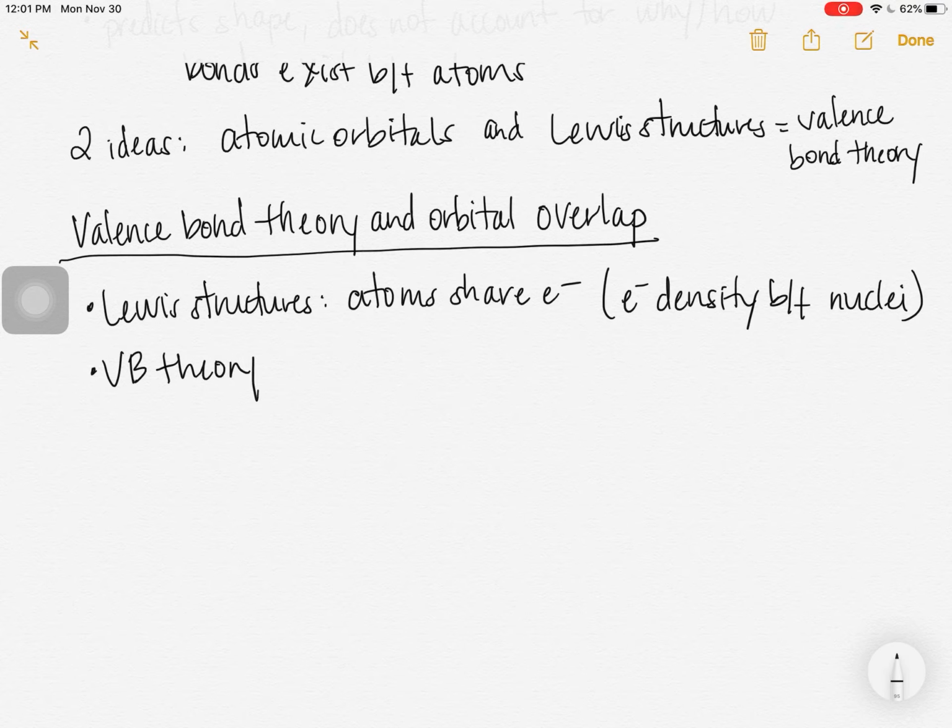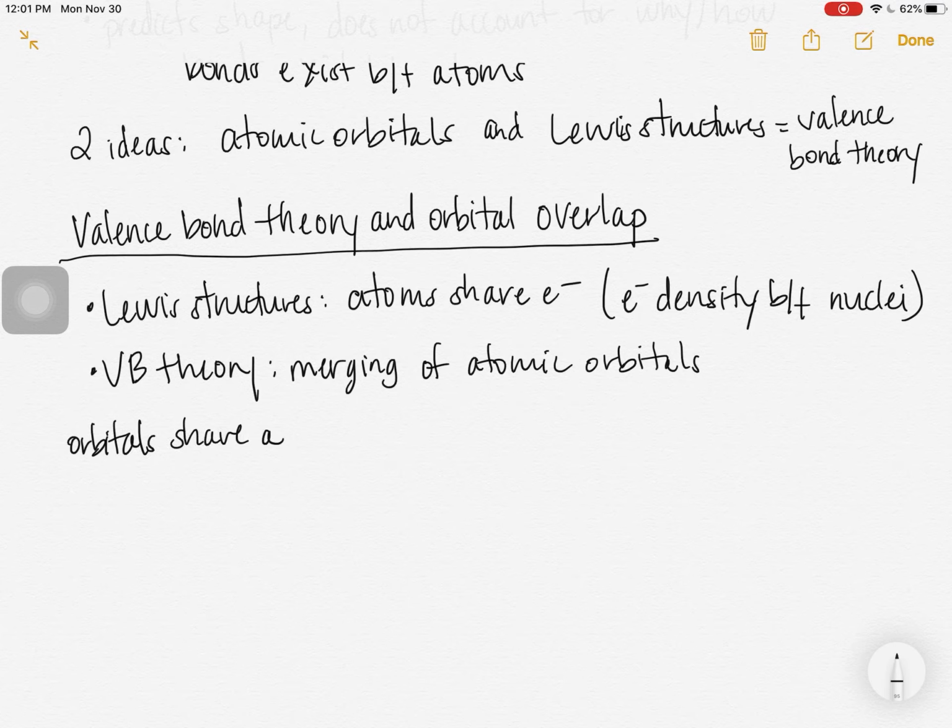And what valence bond theory discusses is the merging of atomic orbitals. Okay, so what we're going to start talking about is that orbitals will share a region of space, and we call it orbital overlap.